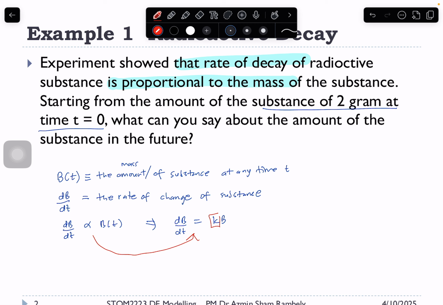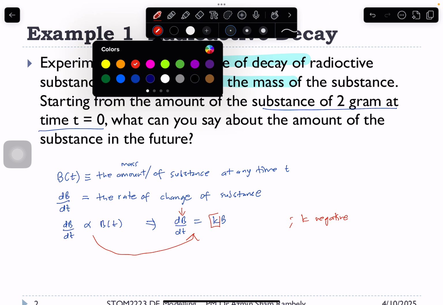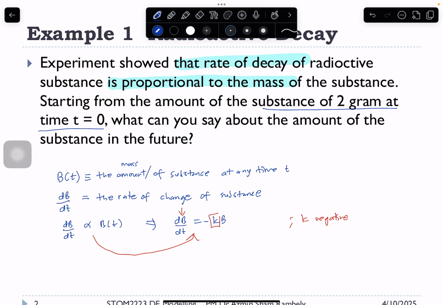To show this, we know that K is negative, or to make it more understandable, we assume K is always a positive number and we make it negative K. Like 2 minus 2, it becomes negative.